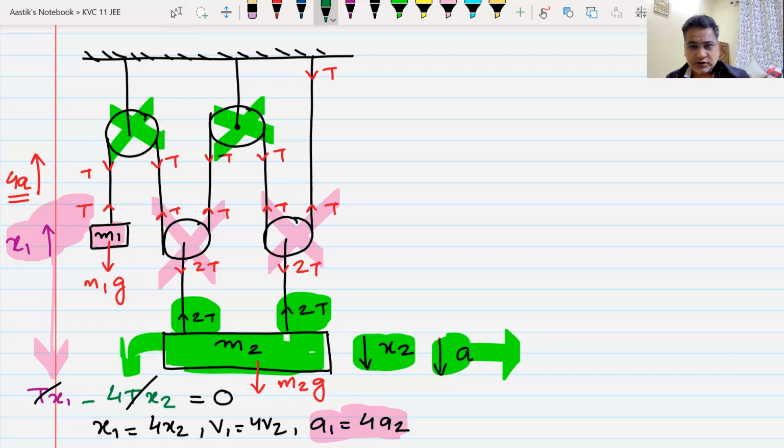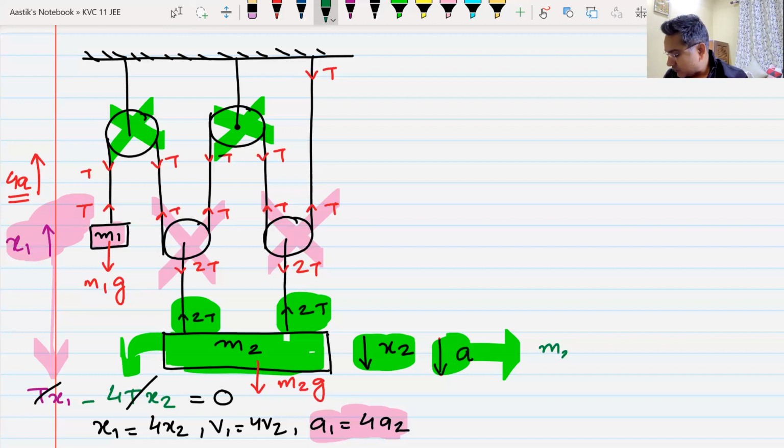Even though I have told you shortcuts of everything, I have always made the equation. What is the equation of the block M2? M2G minus 4T equals M2A. Yes, that is what it is.